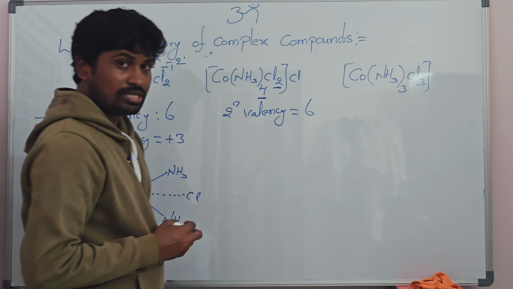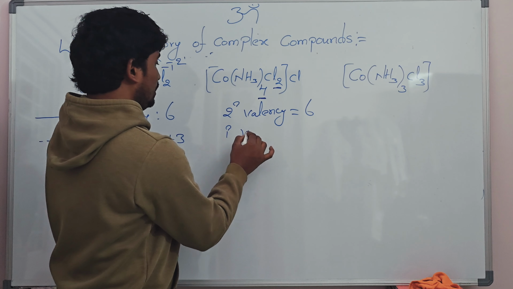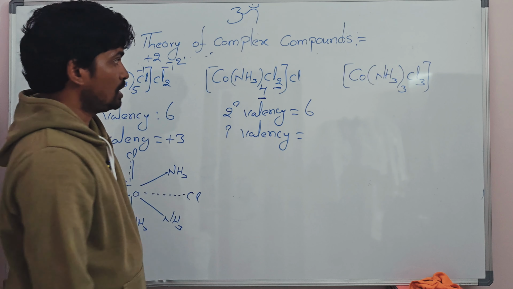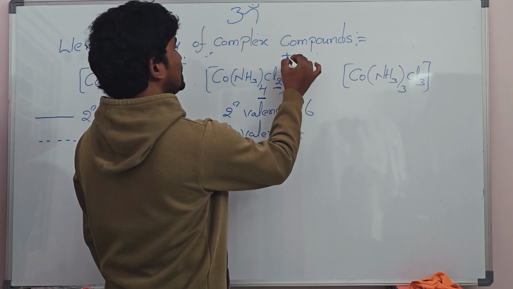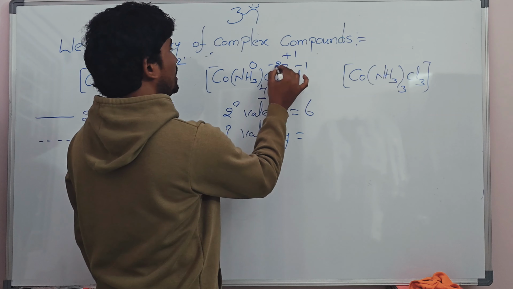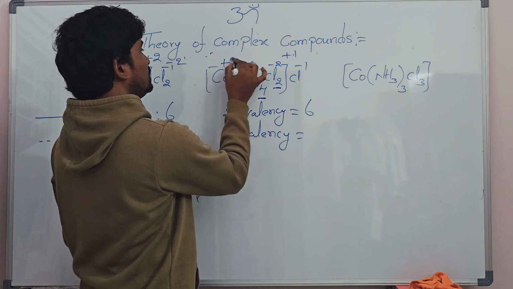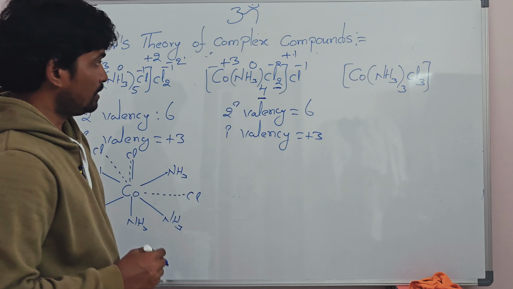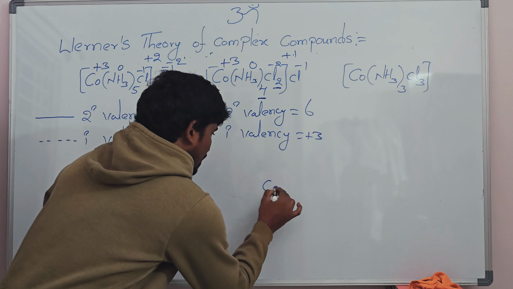Secondary valency is 6. For the primary valency, check the oxidation state of the central metal atom. Here Cl is -1, and the complex charge is +1. Amine is a neutral ligand. Two Cls are present, -2. For getting +1, cobalt is +3. So the primary valency is +3. The central metal atom is cobalt.